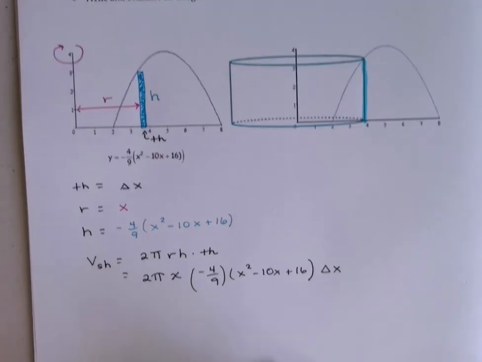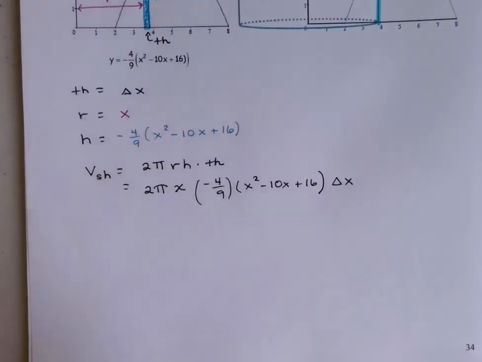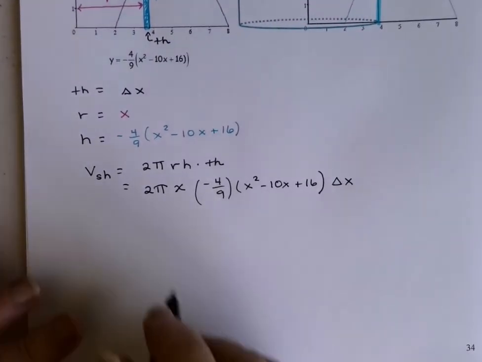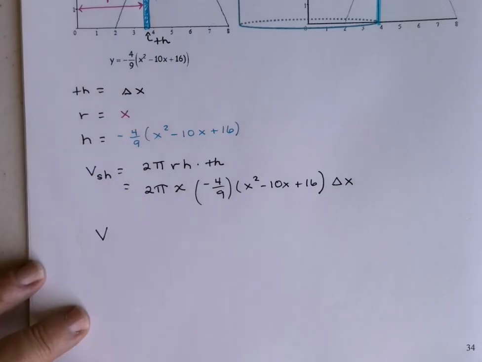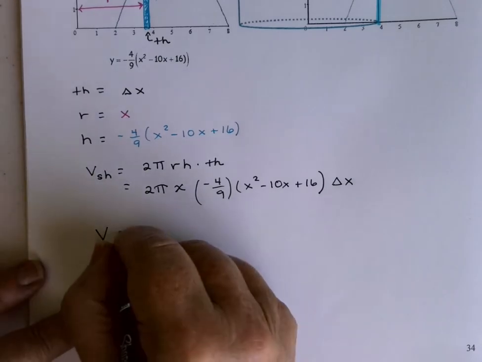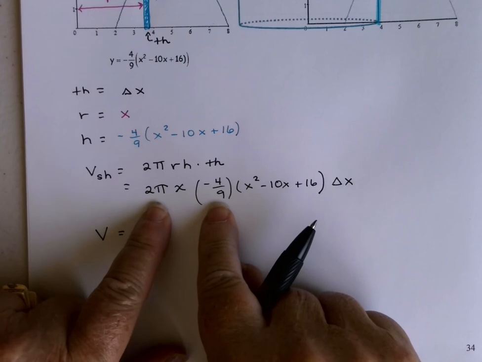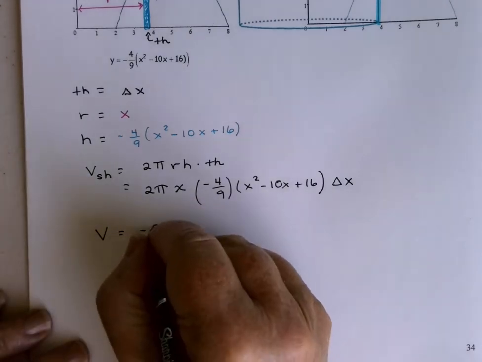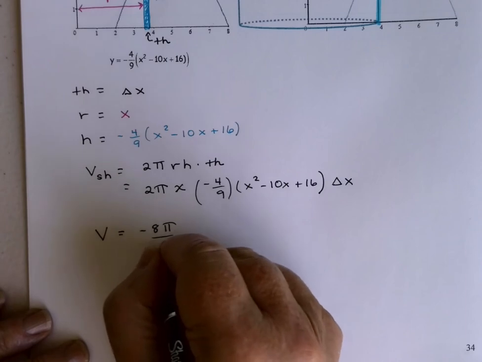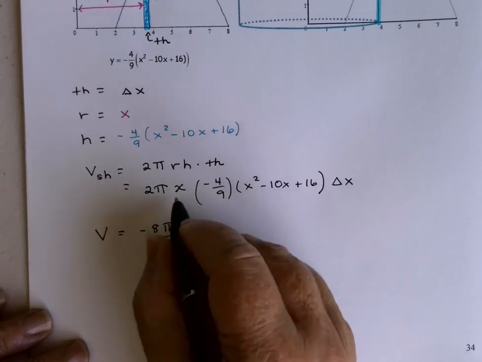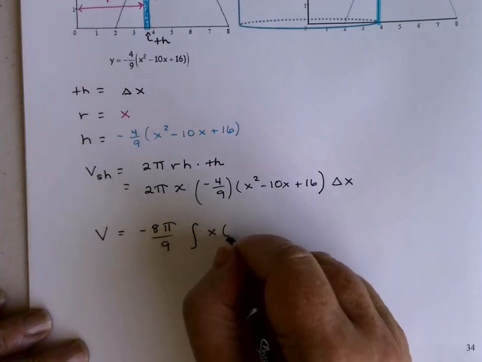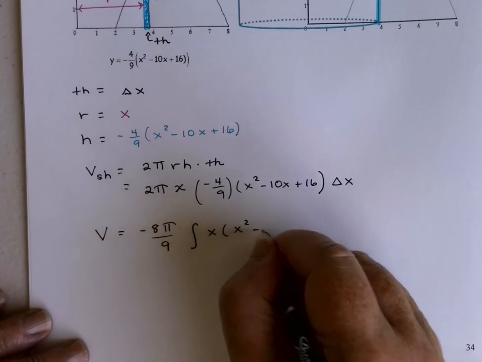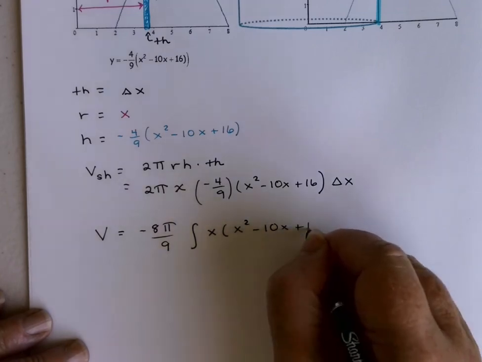All right, I think we've got everything we need. That means that we can integrate to find the volume of the entire solid. And I'm actually going to pull all of this out. I'm going to pull out a negative 8/9 pi. And then my integral just has the x times x squared minus 10x plus 16.